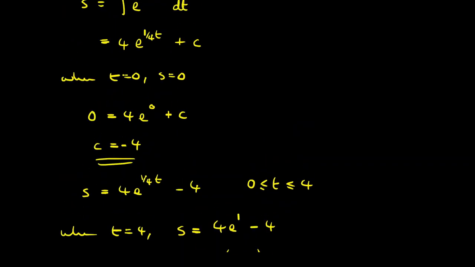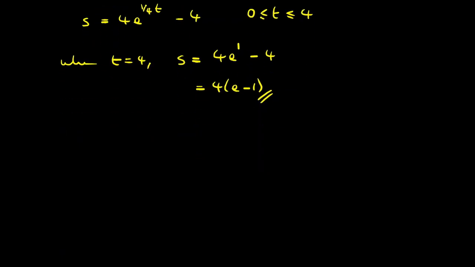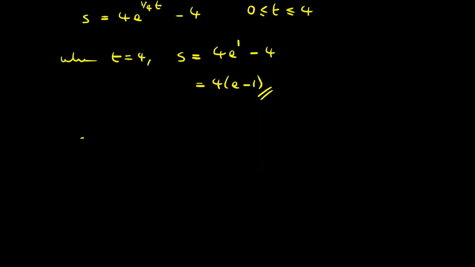Okay, well now let's consider the second function, the 16e upon t squared. So we're going to integrate that as well. We can say that the displacement is equal to the integral of 16e upon t squared dt. And we can rewrite that as the integral of 16e times by t to the power of -2 dt.